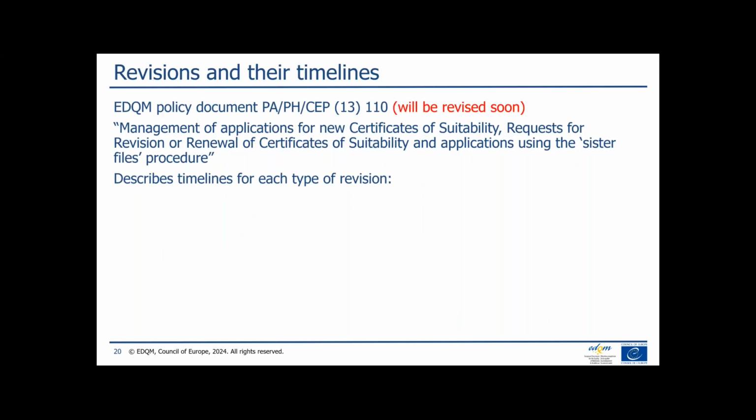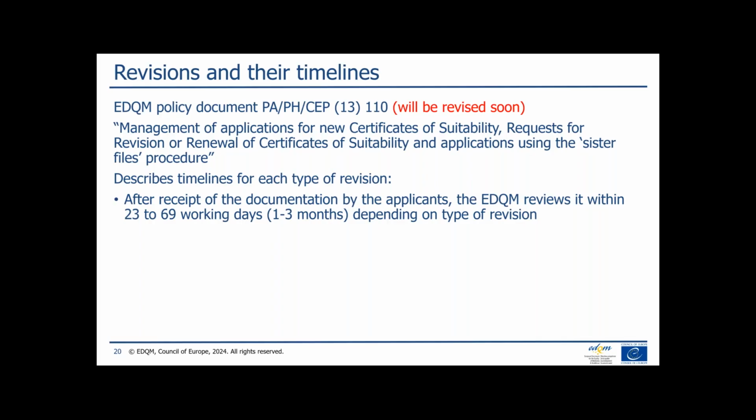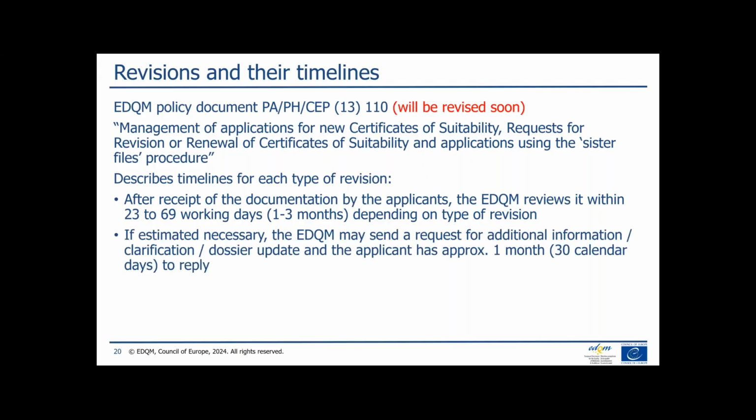This document is available on our website. This document will be revised soon. However, it describes timelines for each type of revision. So between approximately 1 to 3 months after we receive the package of information for revision from SEP holders, EDQM has 1 to 3 months to evaluate it, depending on the type of revision.